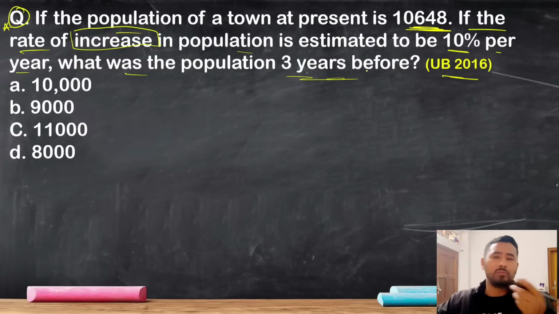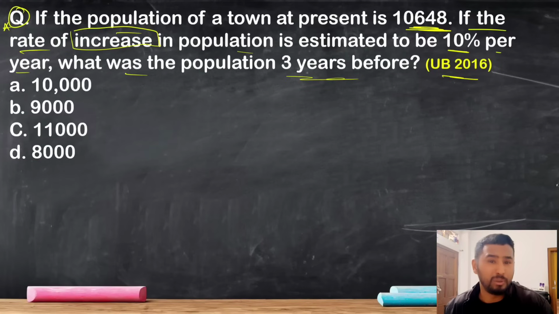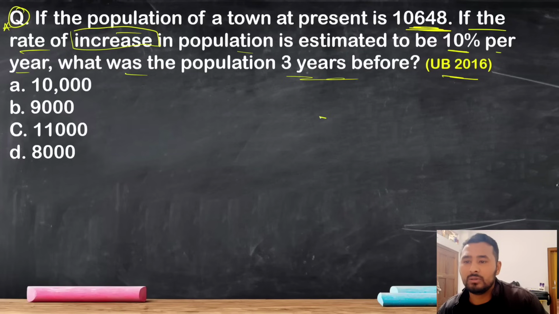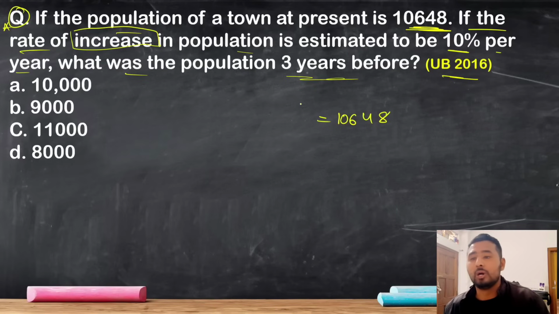Remember we have used that formula of compound interest, some kind of compound. We'll not use that, we'll do it the direct way. First of all, present population is how much? It is 10648, right? Present. Because we need to find the population 3 years before. So what will be multiplied? First of all you need to get the fractional value of 10%.